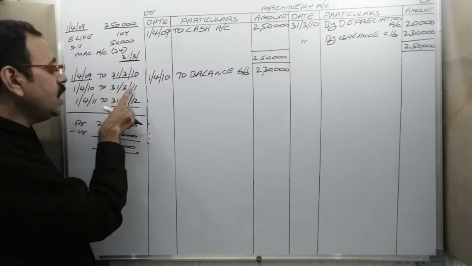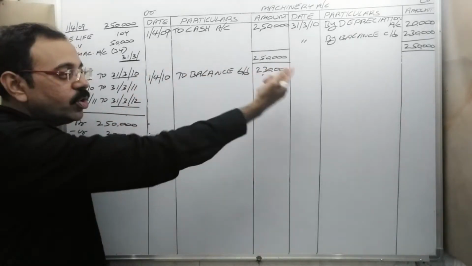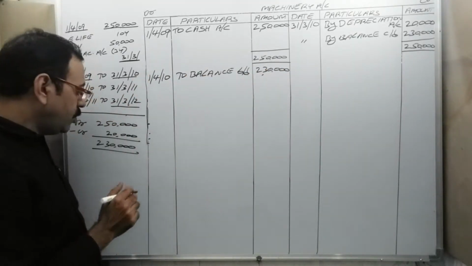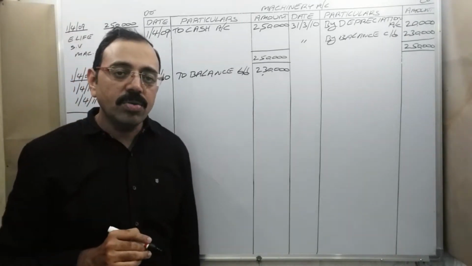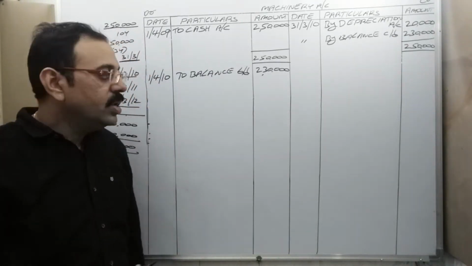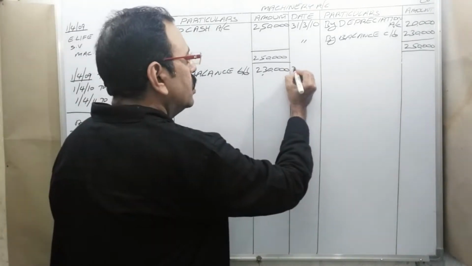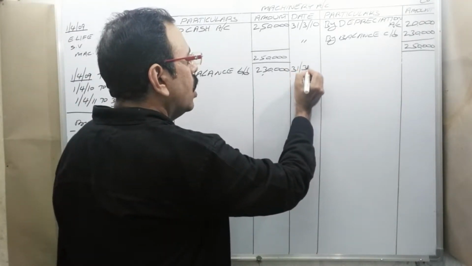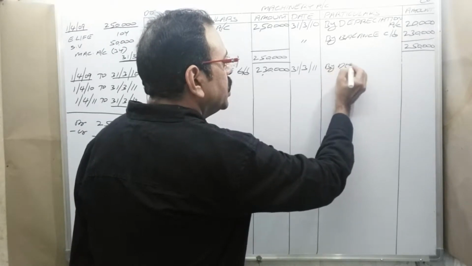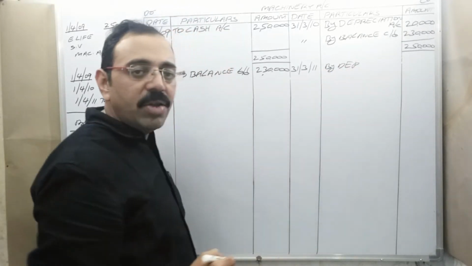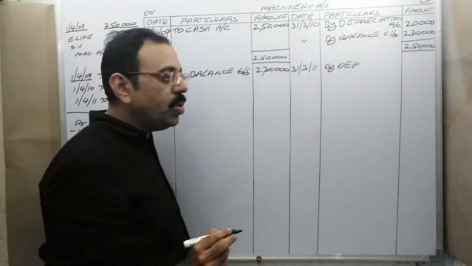So second year last date, again we have to provide the depreciation. Depreciation entry is same. Depreciation account Dr. To machinery account. So we said it will come credit side. 31st March 11 by depreciation. Annual depreciation is 20,000 rupees now.